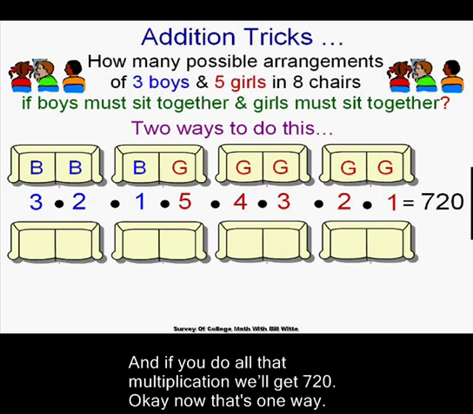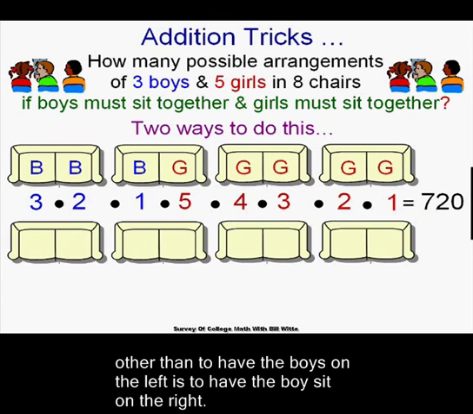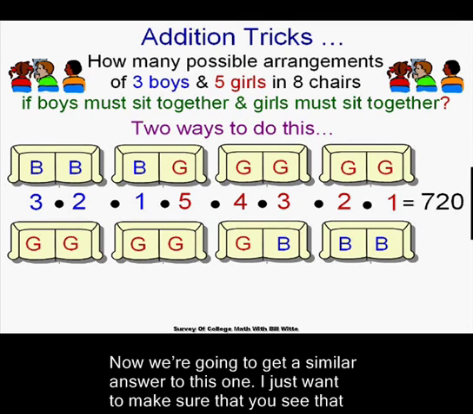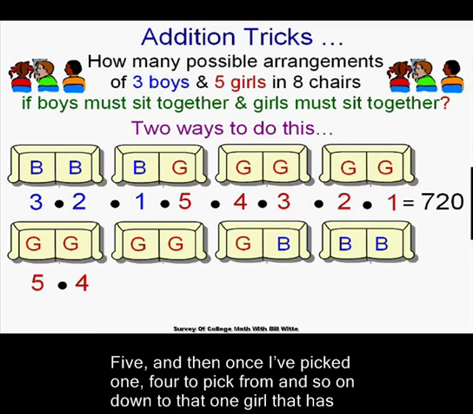Now, that's one way. The other way in this problem is to have the boys sit on the right. We're going to get a similar answer, but I want to make sure that you see that it's different. Let's start with the first seat. How many girls do I have to choose from? 5, and once I've picked one, 4, and on down to the one girl who has to sit next to the boy.